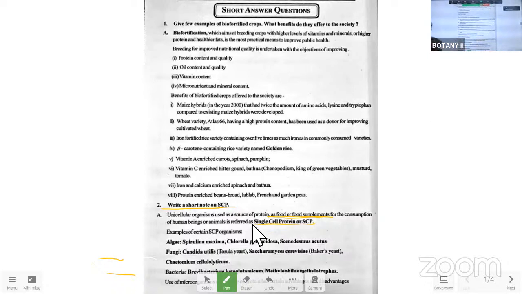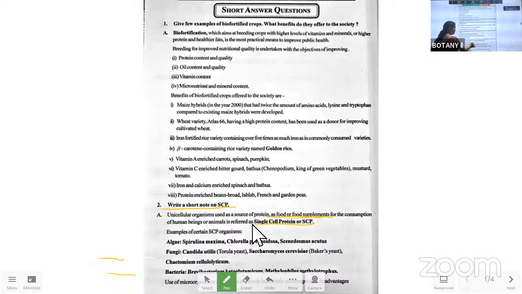So in this, what is the best example we can write? We know about the yeast. Yeast is a very simple example we have to give after writing this definition itself. Yeast is the one which is useful in the baking industries and for making many things. So we can say yeast is the best example.